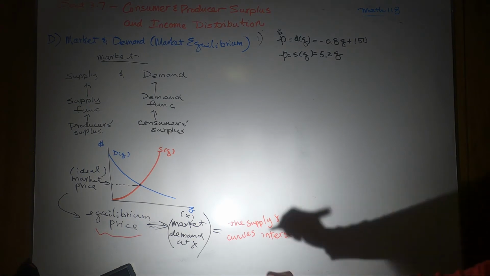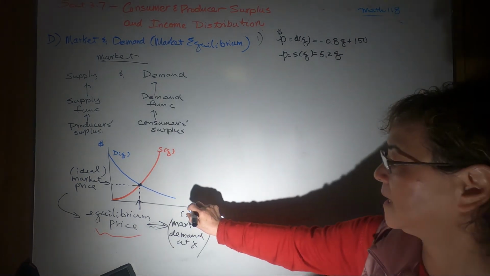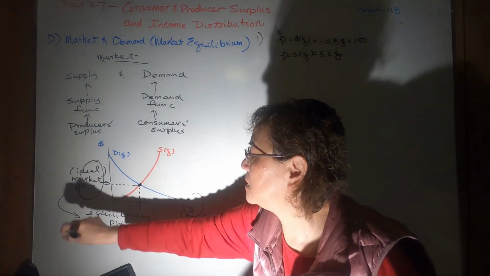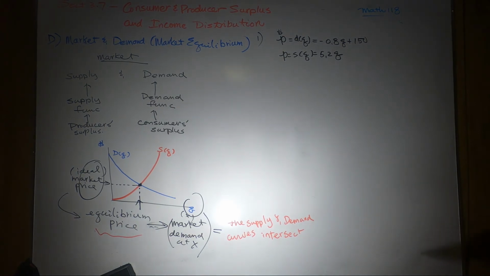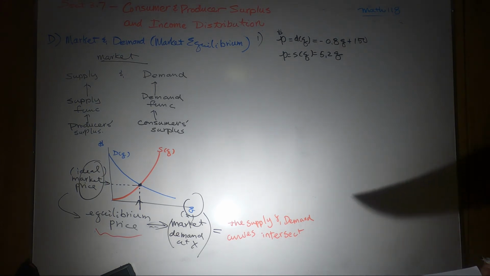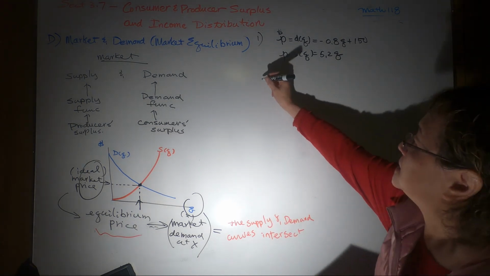So we want to find this point: at what quantity and at what market price is the balance point? Then find the consumer surplus at that point, and the producer's surplus at the balance point. Okay? So let's do something visual, a picture, so you can see it.